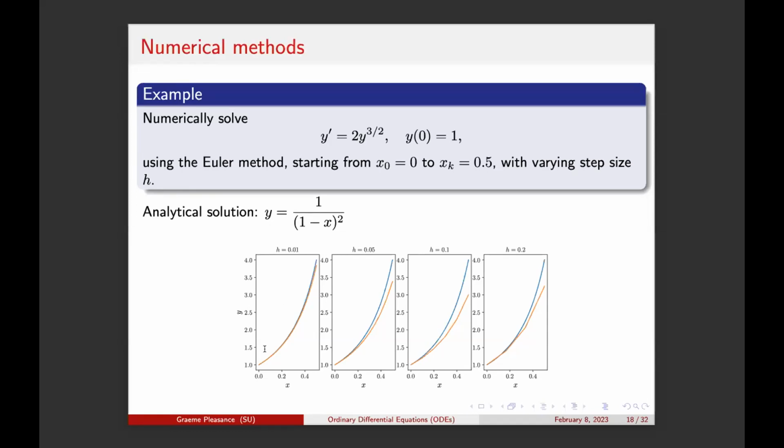So one thing you also might notice in the plots is that as you iterate through this recurrence relation, then you generally introduce some kind of error every step. So you can see that at a large X value, so for H equal to 0.01, you can see that at X values which are closer to the end of the interval, there is still a slight discrepancy.